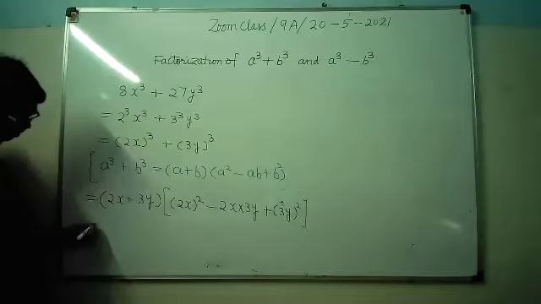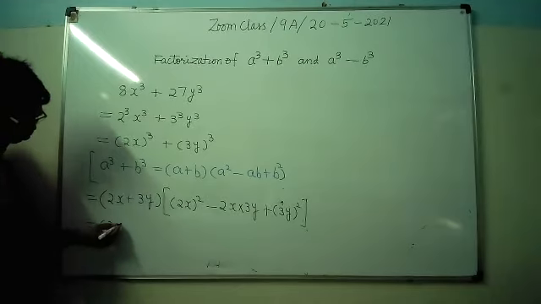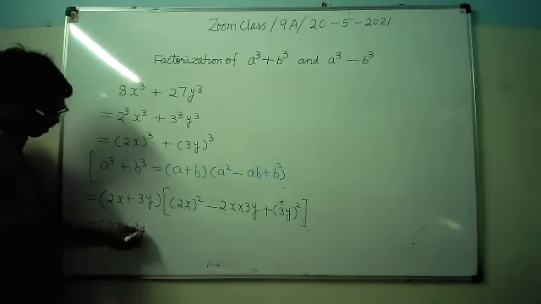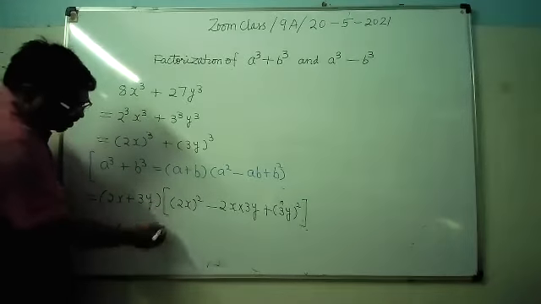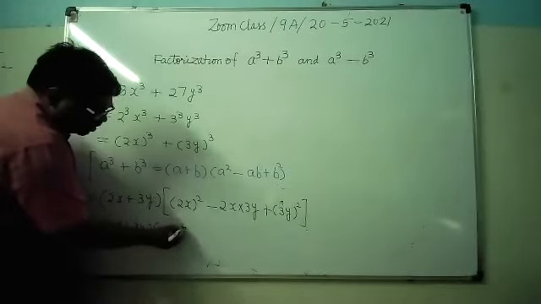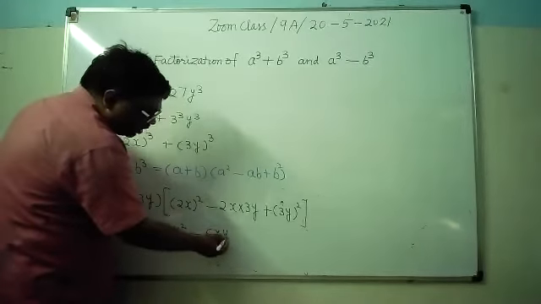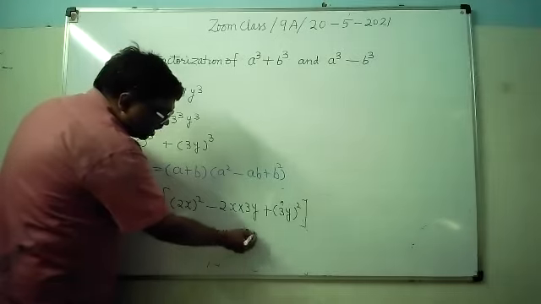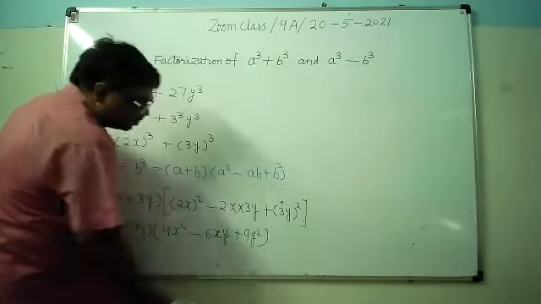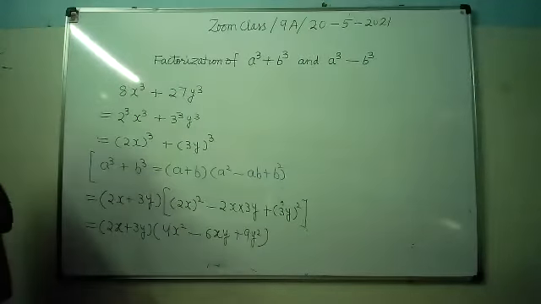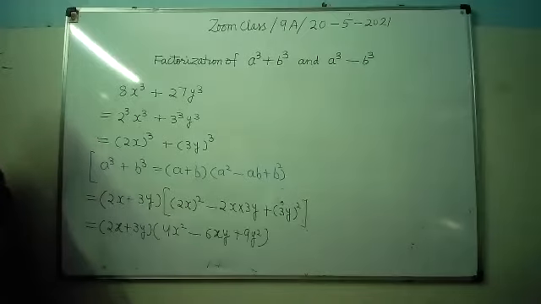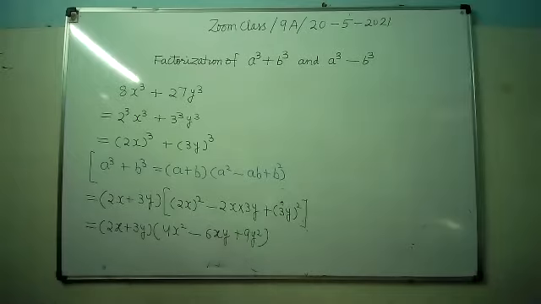Now if you simplify, 2x plus 3y in one bracket and in the other 4x square minus 6xy plus 9y square. It's clear? This will be the factor. This way you can factorize.